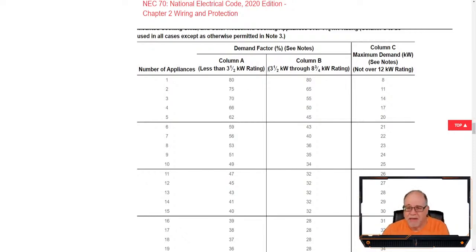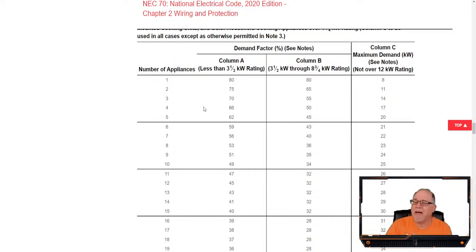If it falls under B, it means it's between 3.5 through 8 3/4. And if it's one, then it would be 80%. If you have two different units like an oven and a cooktop, and one falls under A and one falls under B, then you would apply each column individually and then add them together.